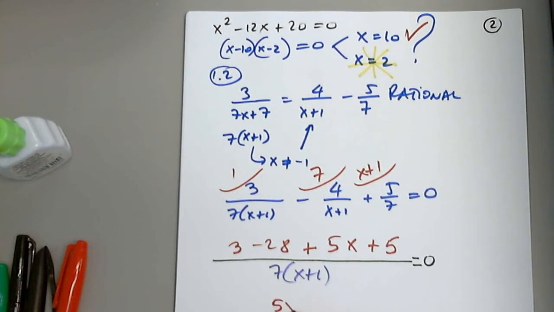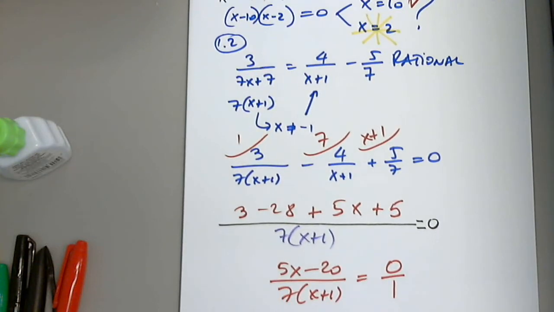Very good. And put everything in descending order. I have a 5x. This is a positive 8. And this is negative 28. So this must be negative 20 over 7 times x plus 1 equals 0 over 1. Agreed so far? And now the next step would be, what do you think? Cross multiply. That's why I put this.